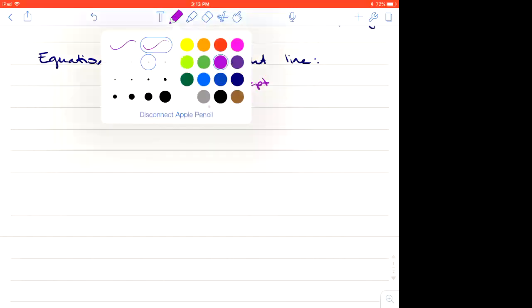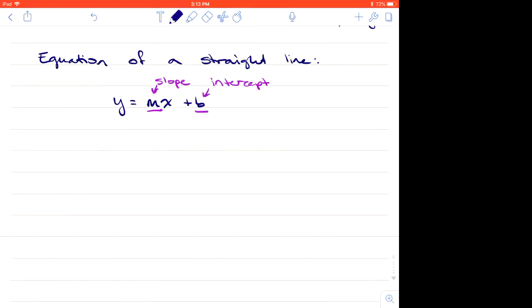Some other options for writing out the equation of a straight line, things like y equals ax plus b, y equals a sub 0 x plus a sub 1, right? All these are options. We could do y equals smiley face x plus sad face, right?